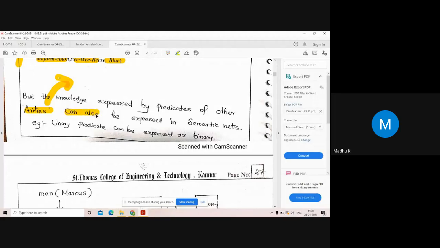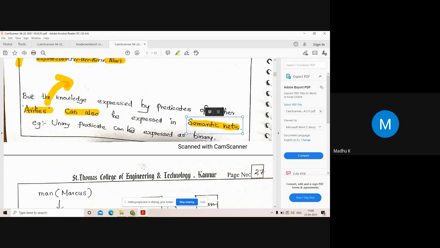There are some other methods to handle that case, and that is also an advantage of the semantic network. Non-binary predicates can also be expressed in a semantic network, but we need to handle that case separately.